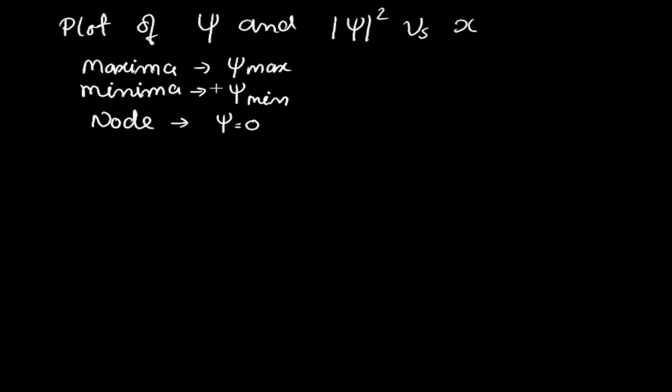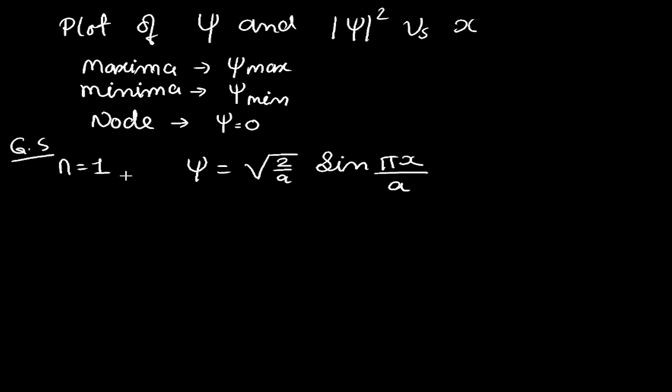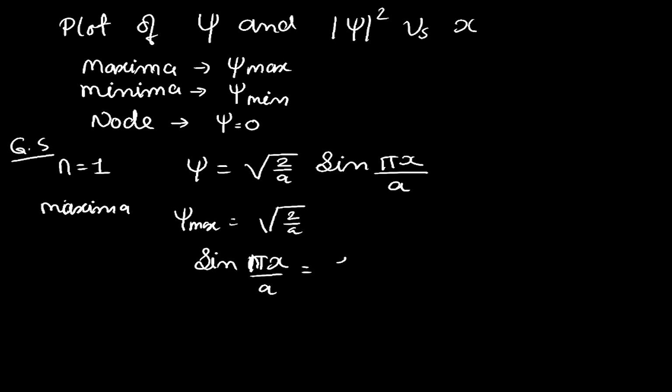So for the ground state, that is for n is equal to 1, the wave function psi, we know, will be under root 2 by a sine of pi x by a, as we have substituted n is equal to 1. Now in order to find the maxima, psi maxima will be equal to under root 2 by a, and hence sine of pi x by a should be equal to 1.